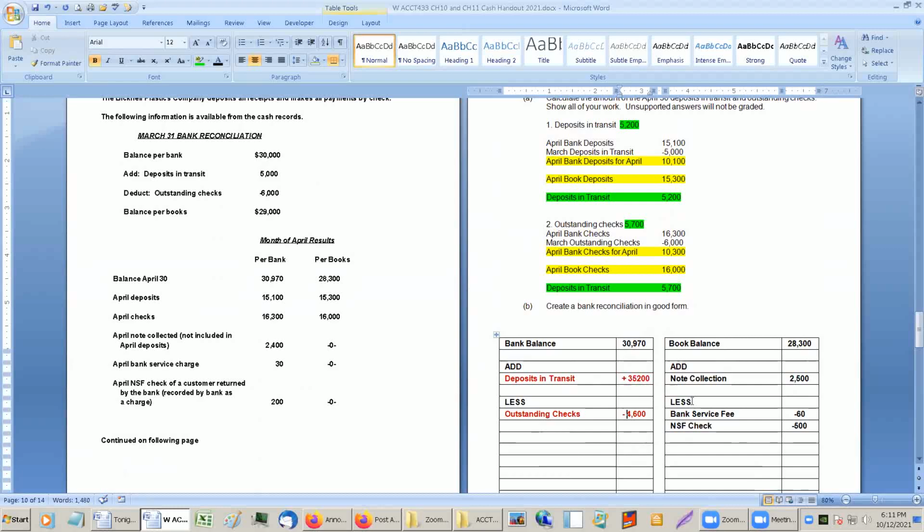Outstanding checks were 5,700. And those are really the hard part on this one. Deposits in transit were, let's try that again. Let's see, collection of note was 2,400.